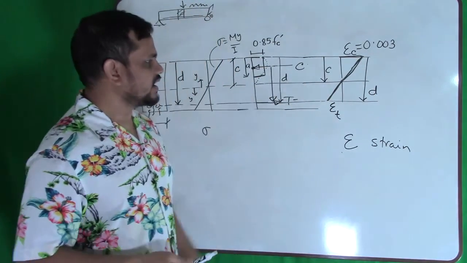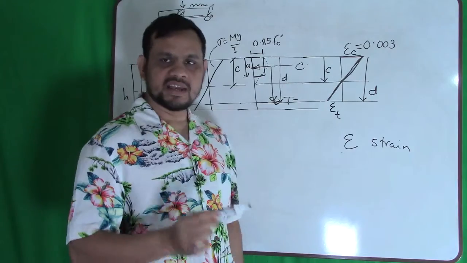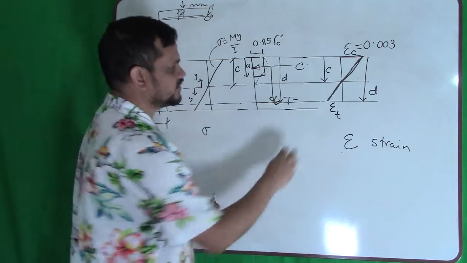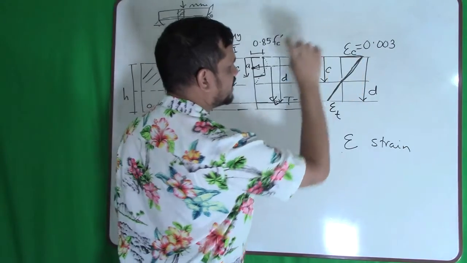Now if I use the similar triangle rule, this is a triangle, this is another triangle.